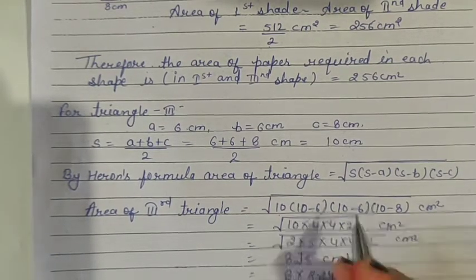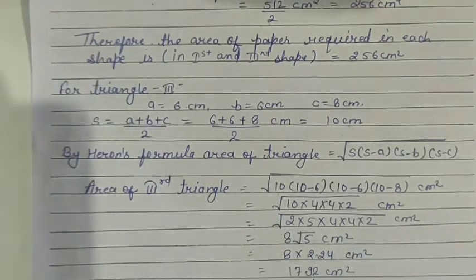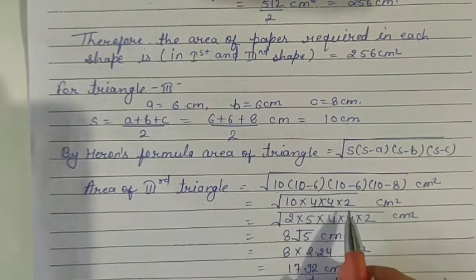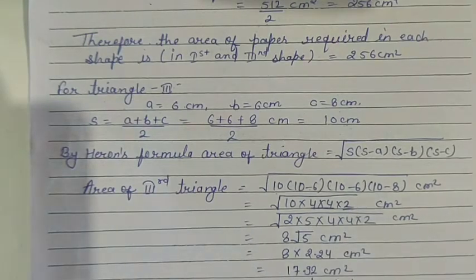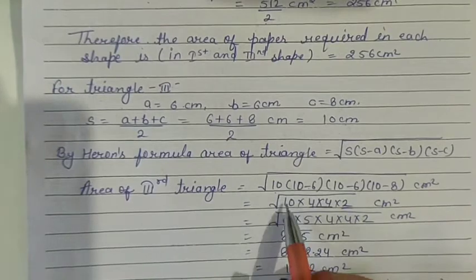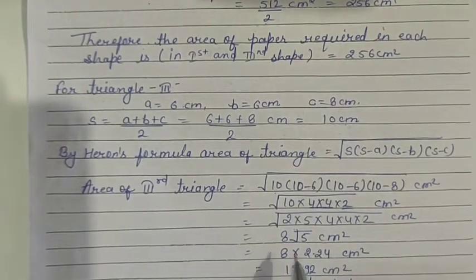Okay students, we can write 10 as the multiplication of 2 and 5, because we will find its square root easily, and if we can make a pair of 2, then we can write 10 as 2 into 5, 4 into 4 into 2 centimeter square.